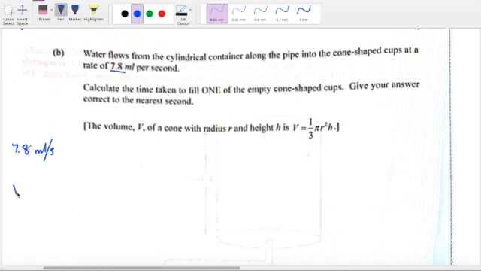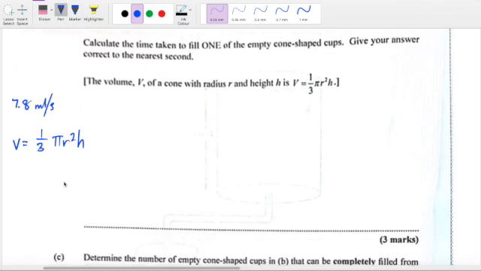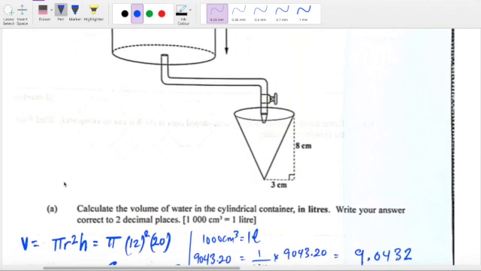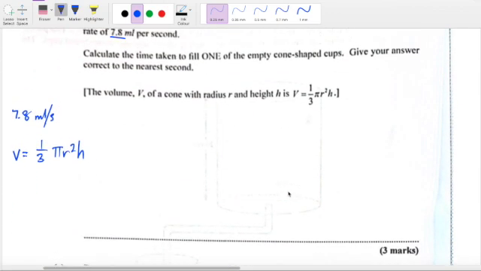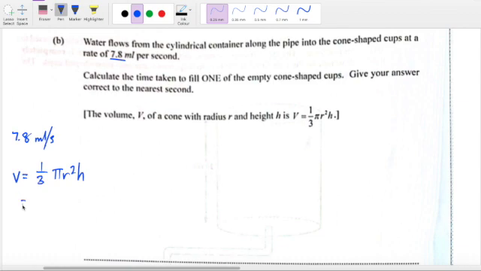So the volume is 1/3 pi r squared h. So the volume is going to be 1/3 times pi, where r is 3 and h is 8.